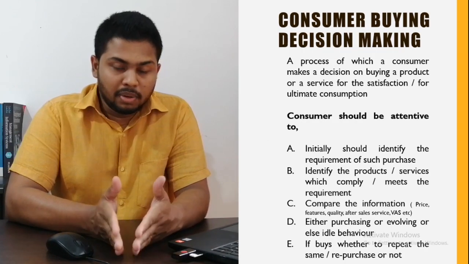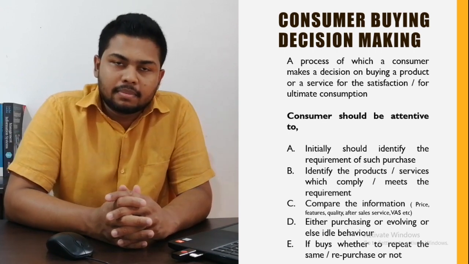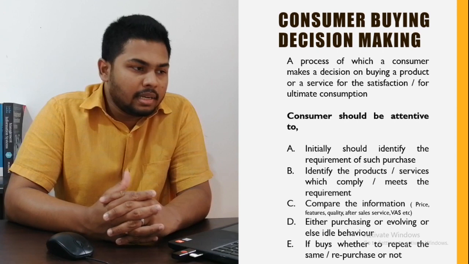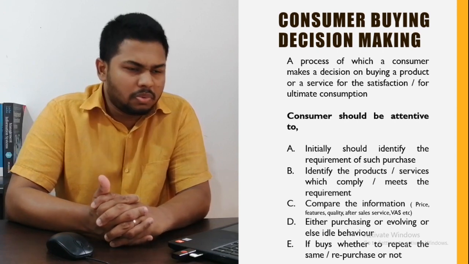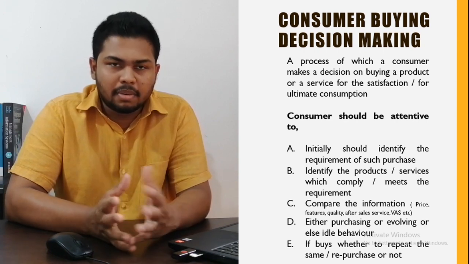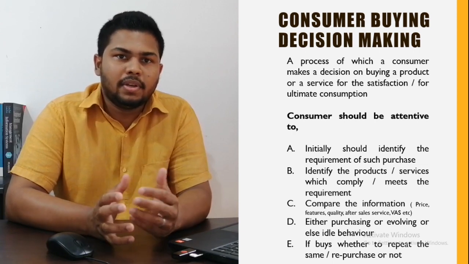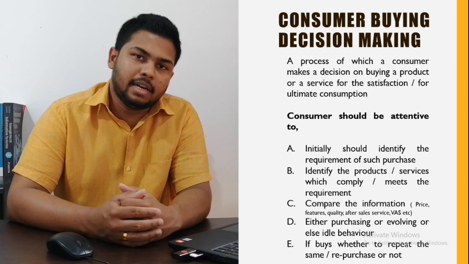So we'll move to consumer buying decision making, right? What do we mean by decision making? As a consumer, in a general market scenario you can see different products available, and you might have a need for a particular product.